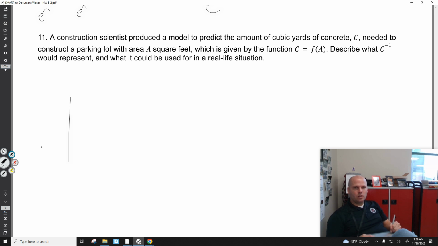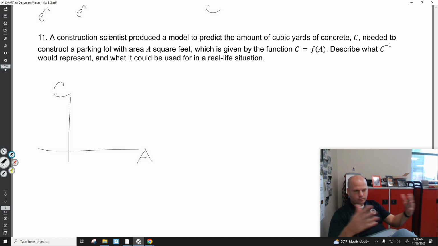So we've got a model that predicts the cubic yards of concrete based on an area. Think about landscaping. You have the area calculated, that's easily calculated using just measurements. But boom, I now use a model to predict the cubic yards of concrete that I need.